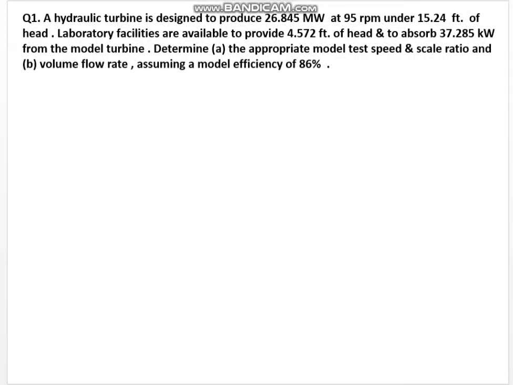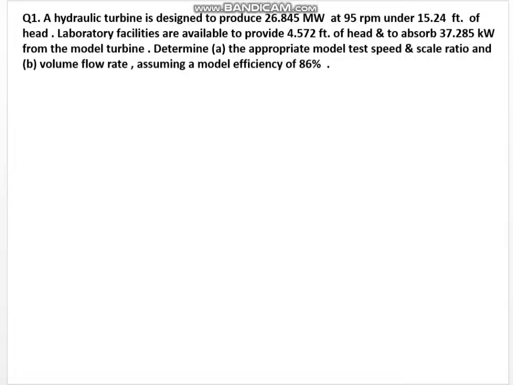Laboratory facilities are available to provide 4.572 feet of head and to absorb 37.285 kilowatt from the model turbine. So we have to determine A, the appropriate model test and scale ratio, and B, the volume flow rate, assuming a model efficiency of 86%.